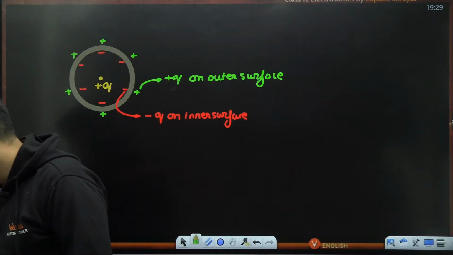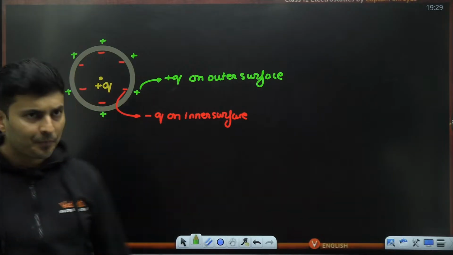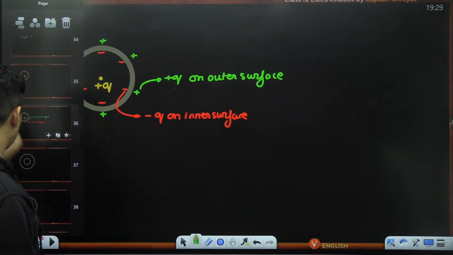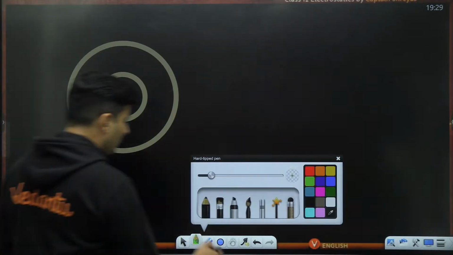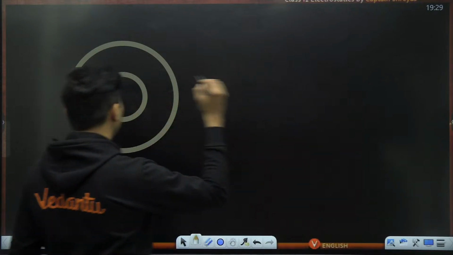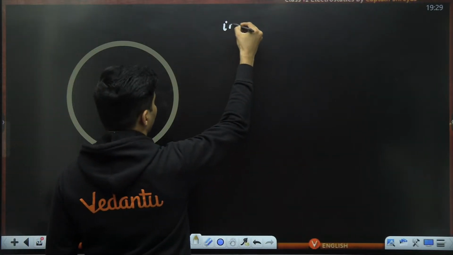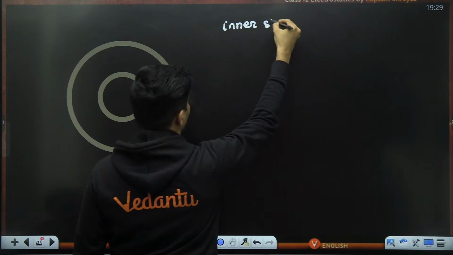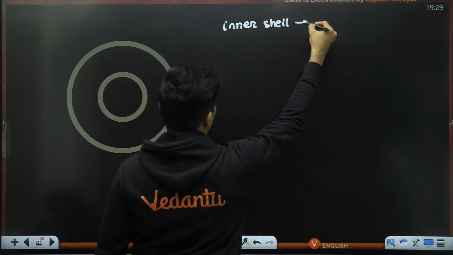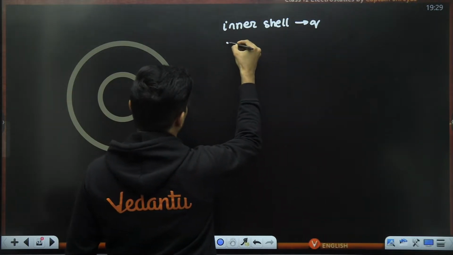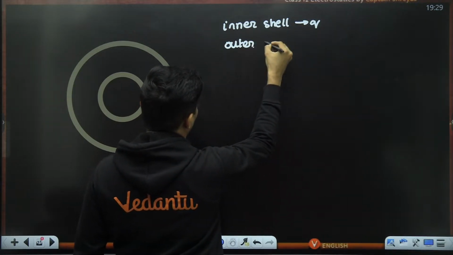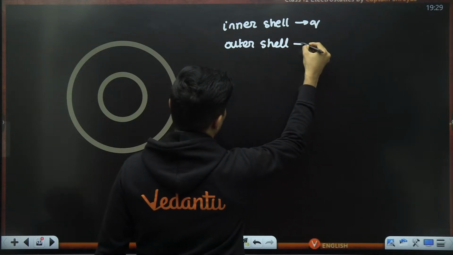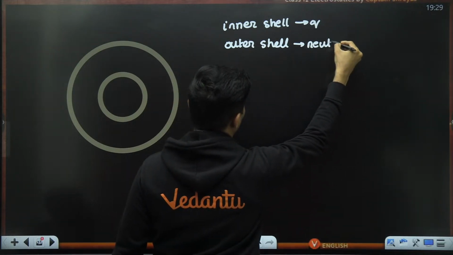All right, very good. Now, next thing, let us just say that the inner shell has a charge of Q, and the outer shell is, let's say, given to be neutral.